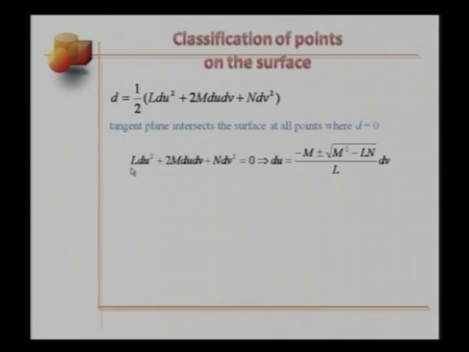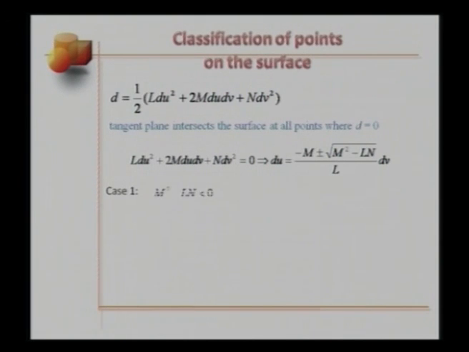So this is a quadratic equation in both du and dv. I can solve du in terms of dv, and the result is minus m plus or minus the square root of m squared minus ln, over L. Of course, depending on how this expression behaves, m squared minus ln will have no, one, or multiple solutions.